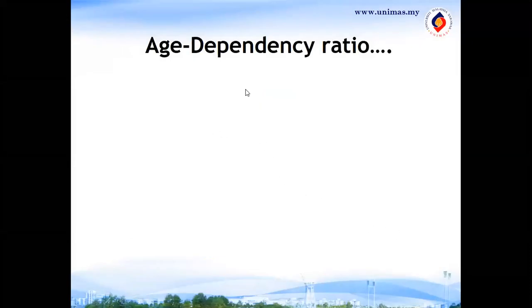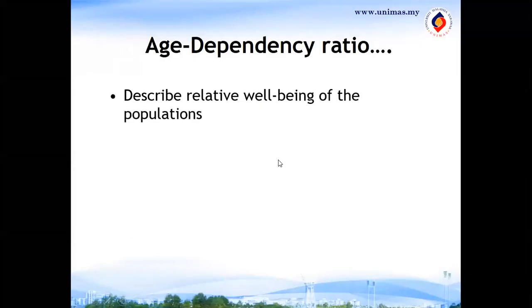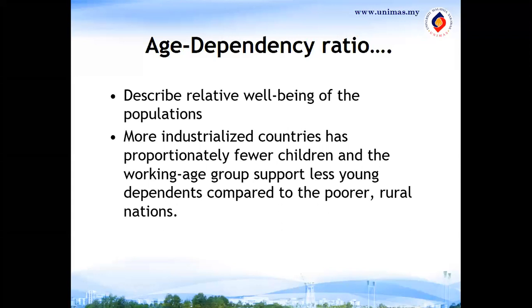Okay, as dependency ratio, it describes the relative well-being of the population in a way, yeah. For more industrialized countries or developed countries, they have proportionately fewer children. Sebagai contoh tadi, North America, Canada, US combined, they have less than 18%, yeah, about 18% of children below 15 years old.